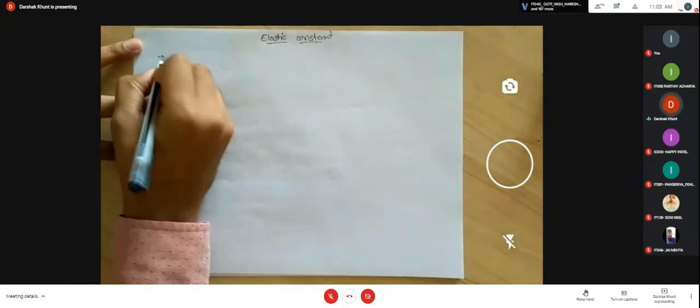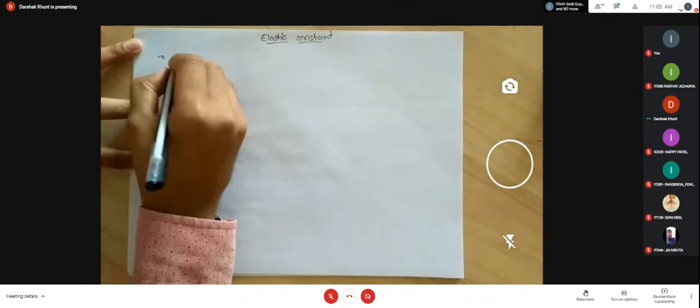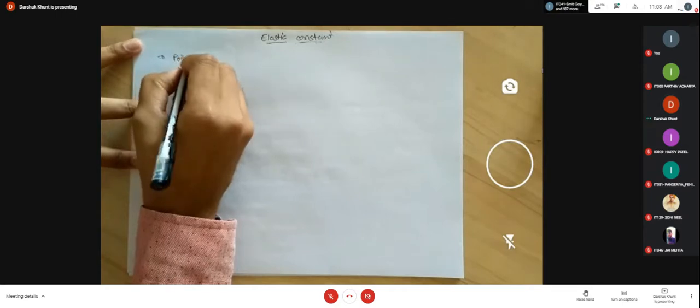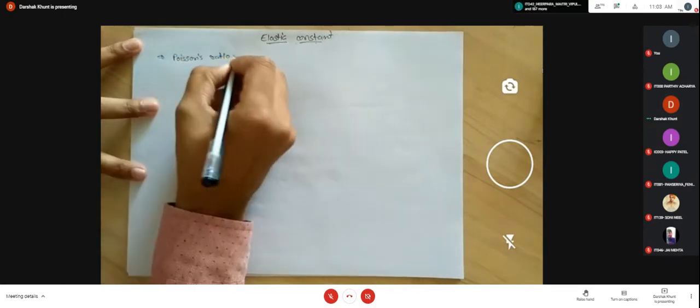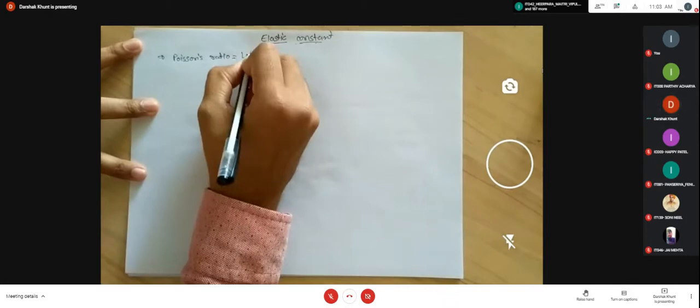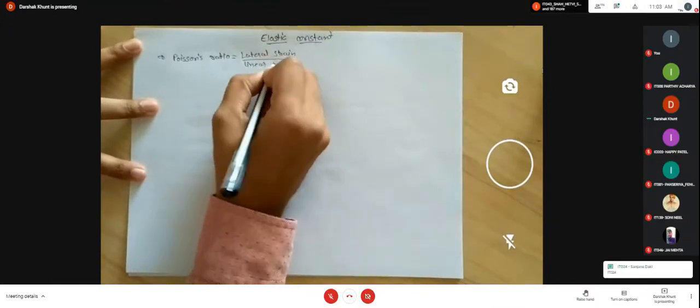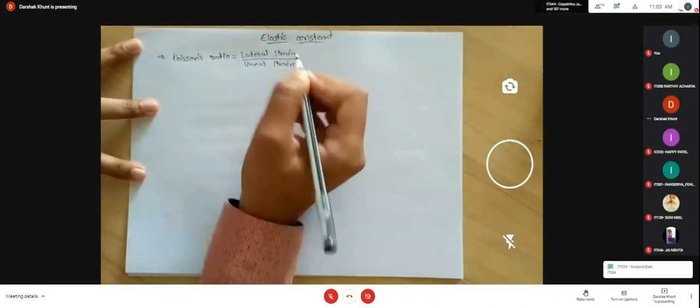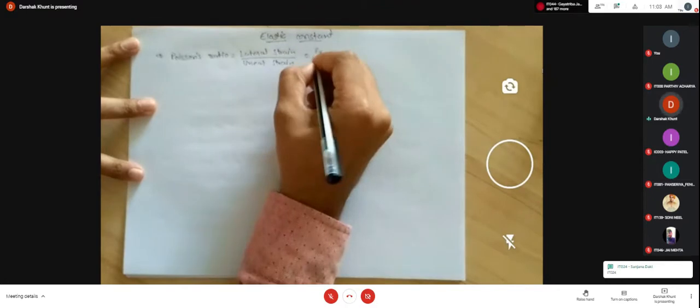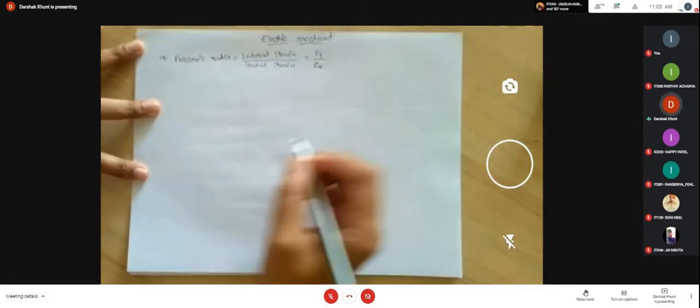So we know that the Poisson ratio is defined as lateral strain to linear strain, meaning strain in the y direction by strain in the x direction.